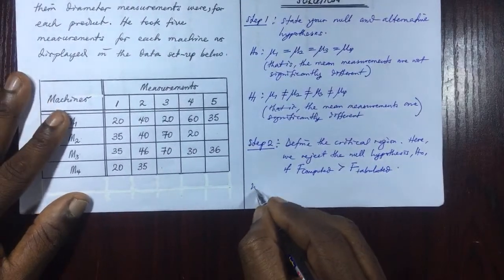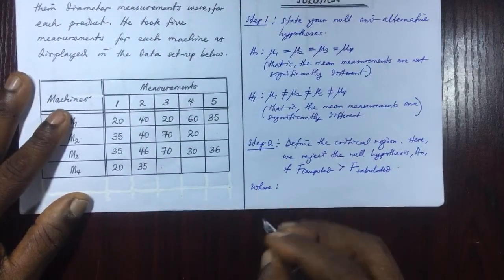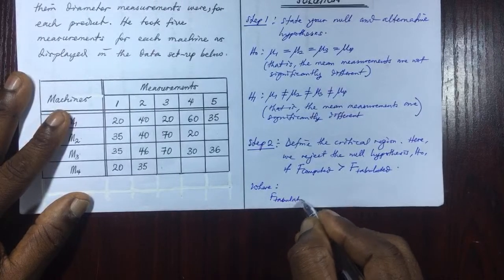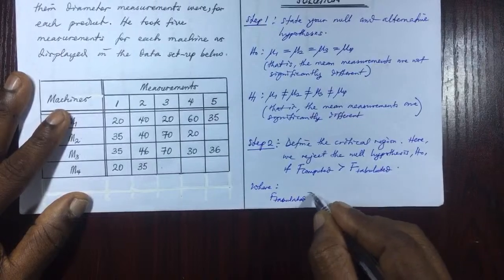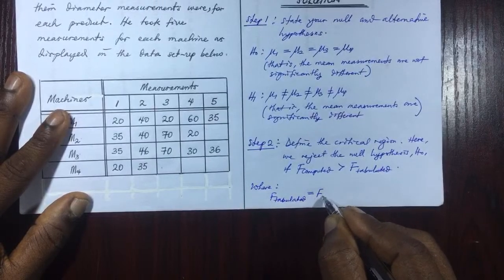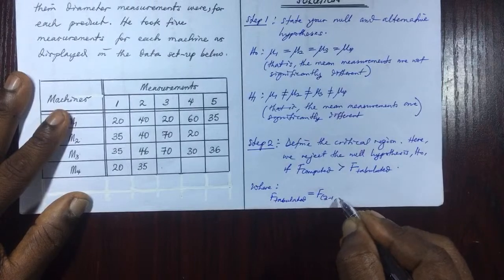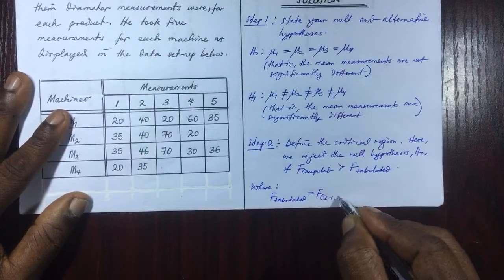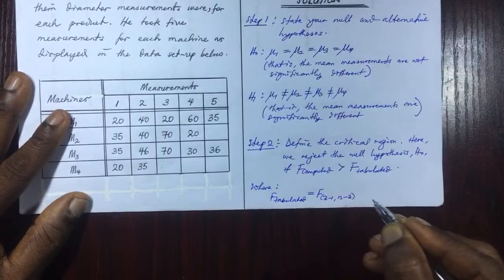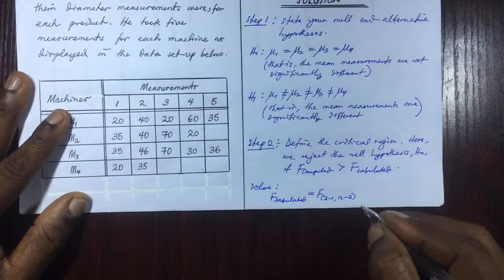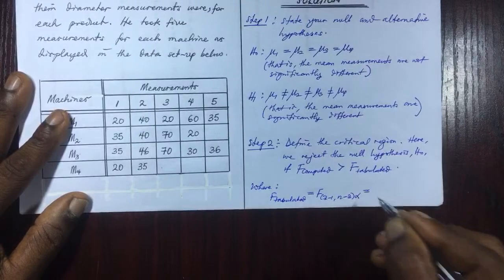Now, I'm going to remark here that F tabulated in this case will be obtained as follows. It will be obtained with A minus 1, the number of treatments minus 1, as the degree of freedom for treatment, and N minus A, the number of observations minus the number of treatments, at alpha level of significance.